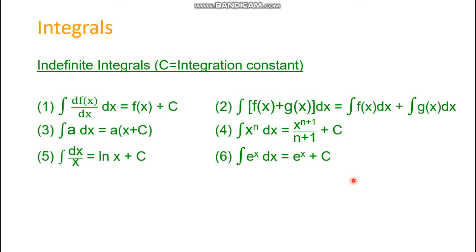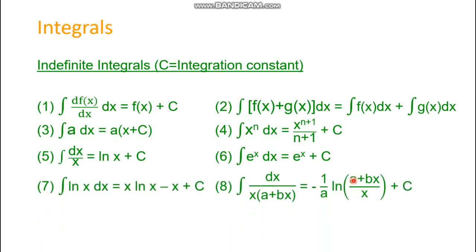If it is eˣ dx, then the result is eˣ plus the integration constant. If it is ln x dx, then the integration gives the Stirling approximation type of result, x ln x − x. This result is utilized during the Stirling approximation, and here also there is an integration constant.